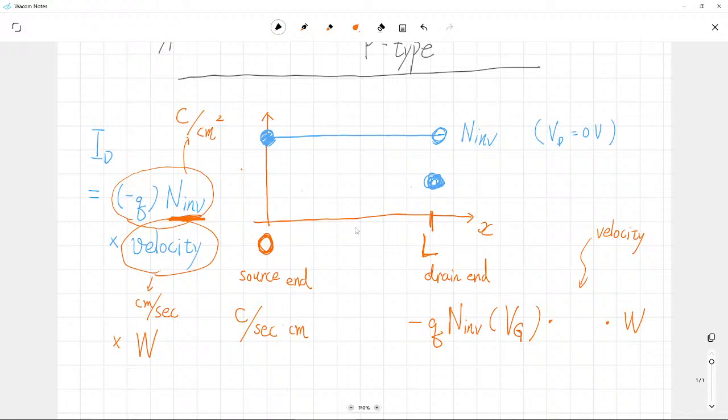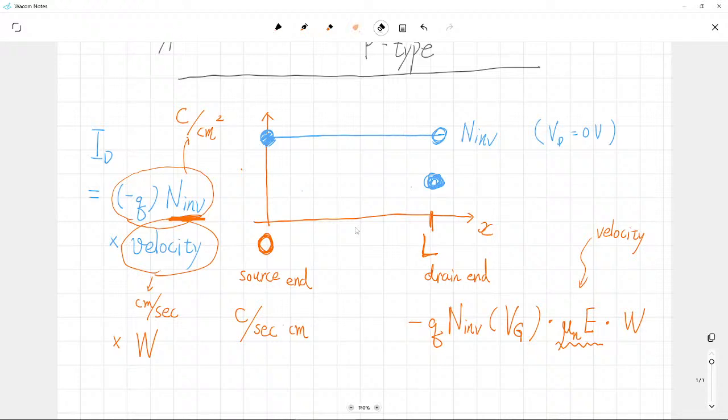What was the velocity of an electron when we have a potential difference? When we have a potential difference, that velocity is given by the so-called mobility multiplied by electric field. So this was the expression for the speed of our electrons.